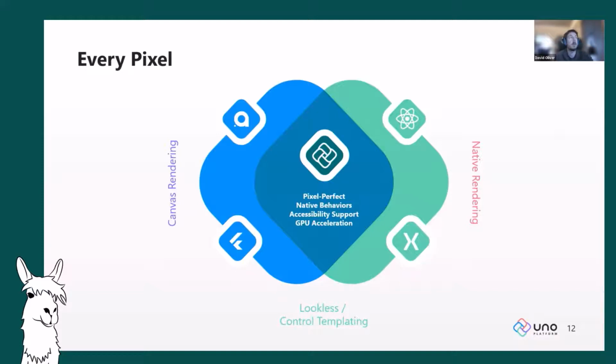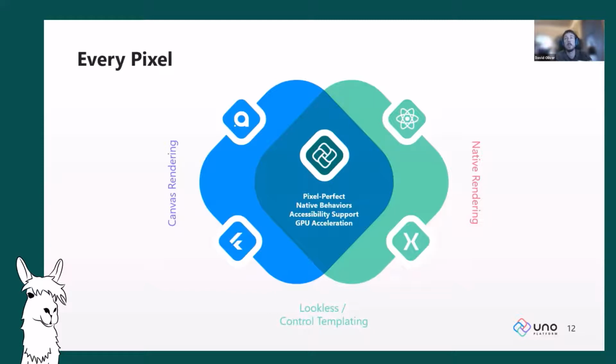So where Uno sits is a middle point where we've chosen to, by default, draw views exactly the same way on every platform. So we control the rendering at a pixel level. So if you declare a button in XAML, it will look the same by default on iOS, Windows, Android, in the browser, everywhere.